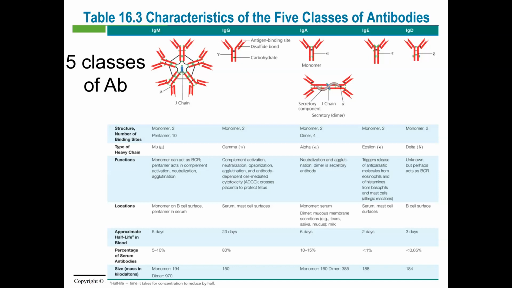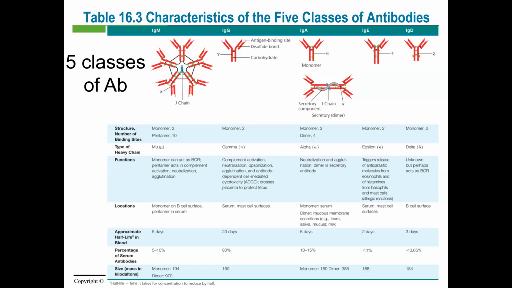IgM is the first response when you're learning to respond to an infection. You can see that it's basically 5 antibody units linked together, so there's 10 antigen binding sites. It's good at doing a lot of things like complement activation. It can neutralize antigens and agglutinate antigens well.